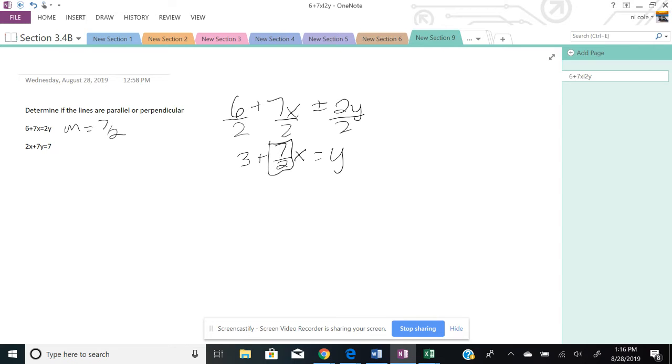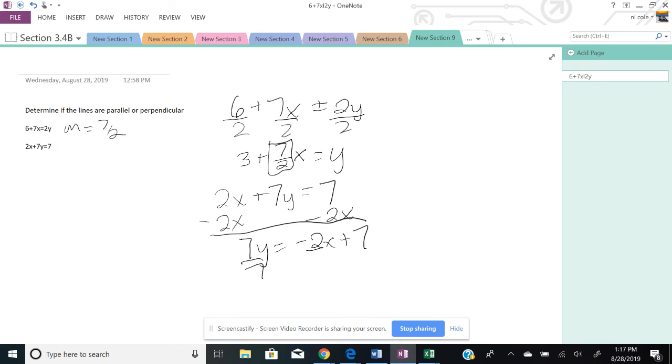What about this next equation? Well, let's write it down and let's solve for y. First thing I want to do is subtract 2x, subtract 2x. So 7y is equal to negative 2x plus 7.